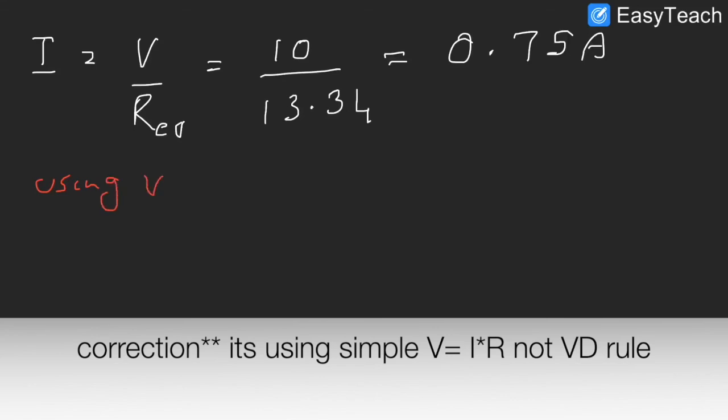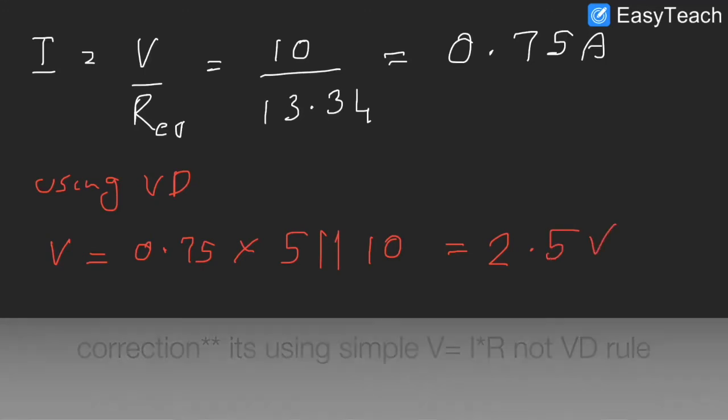So the voltage is 0.75, that's my main current, times the resistance it's flowing through, which is 5 ohms in parallel with 10, and that is going to be 2.5 volts.